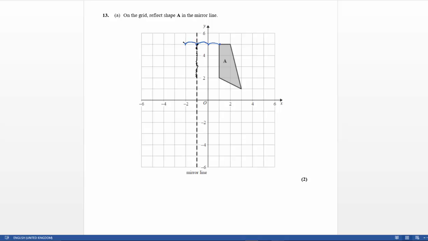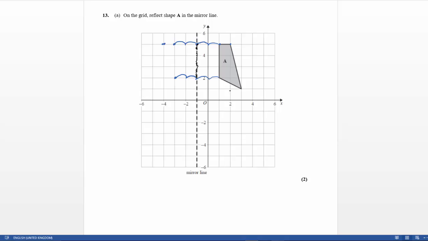So we're going to go 2 spaces away from the mirror on that side. And that's going to be here. Right? Consequently, this space will be over here. Yes? What about this point here? 1, 2 spaces again.